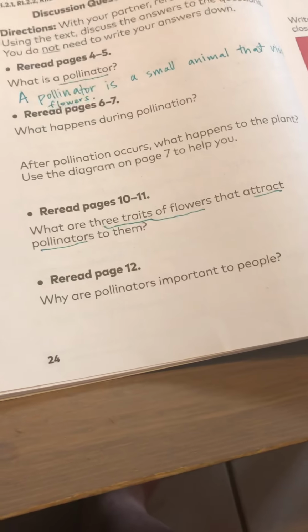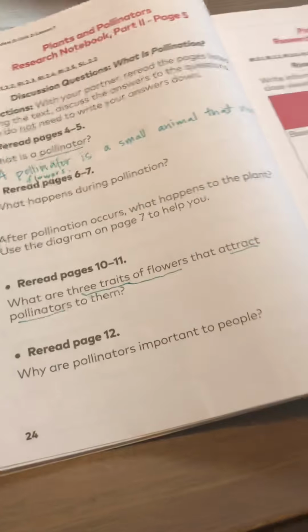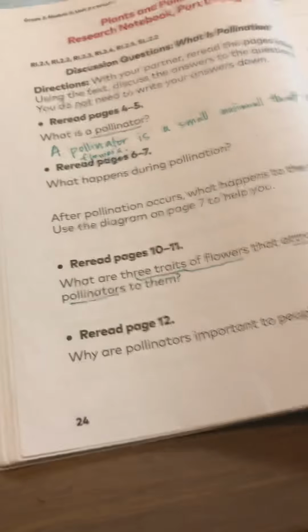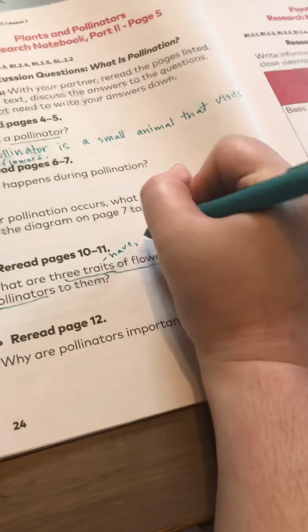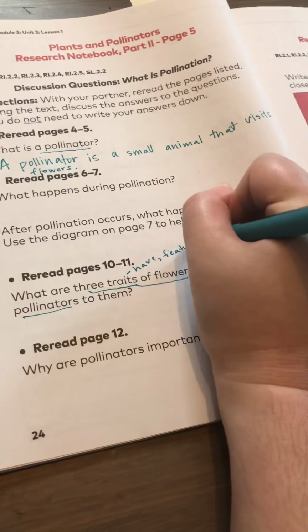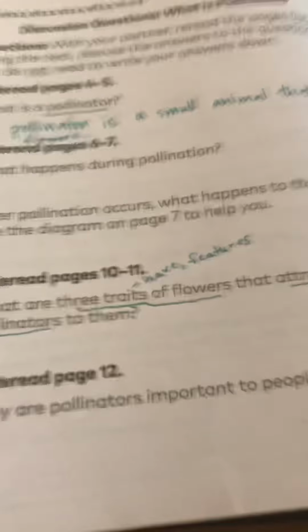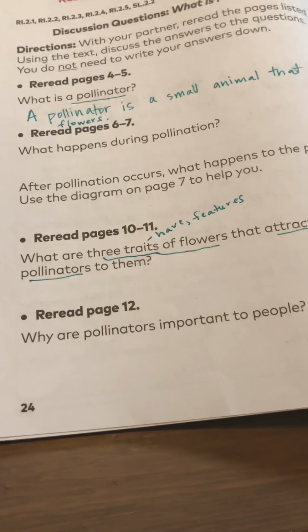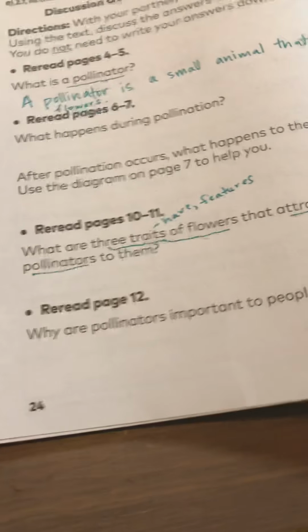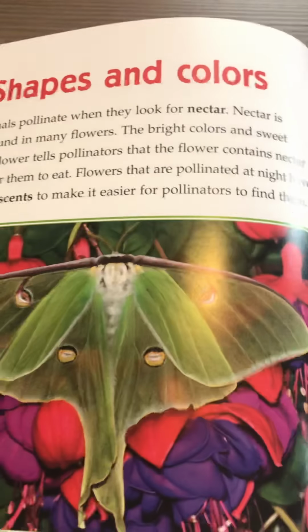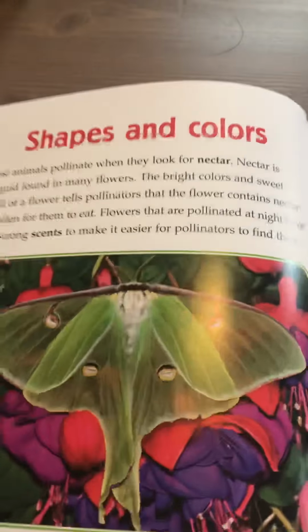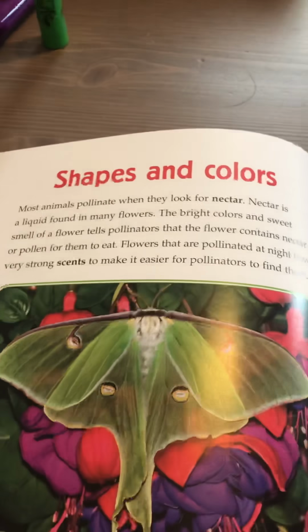So this question is really asking, what do flowers have? So I'm going to put have, or what are their features that make the pollinators want to come visit them? So let's go back to the text, and we're looking for 3 things that make pollinators want to come visit them.